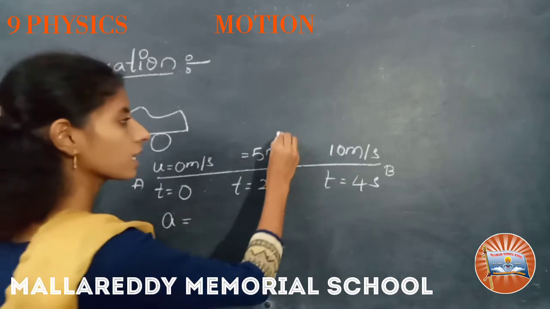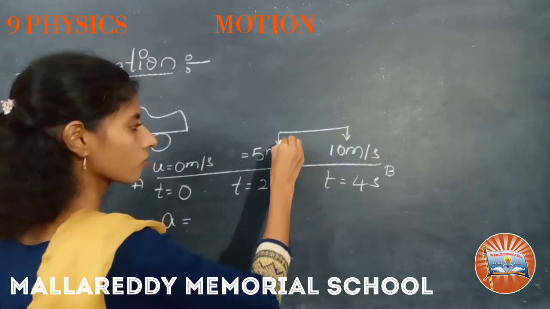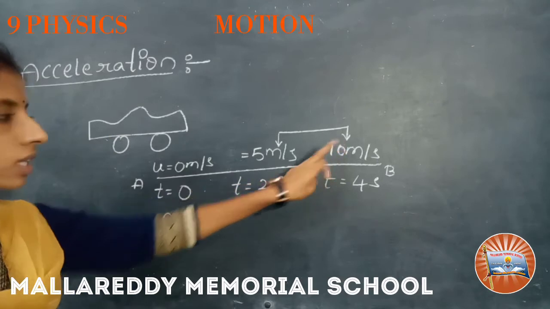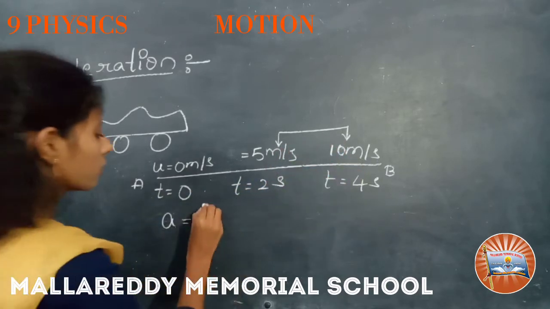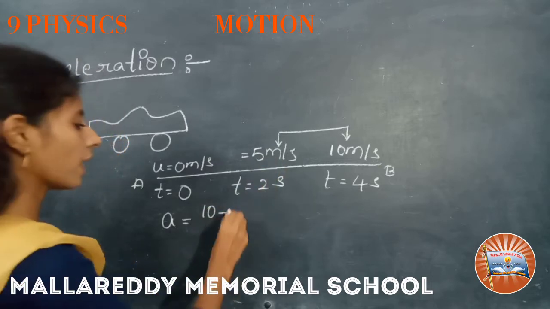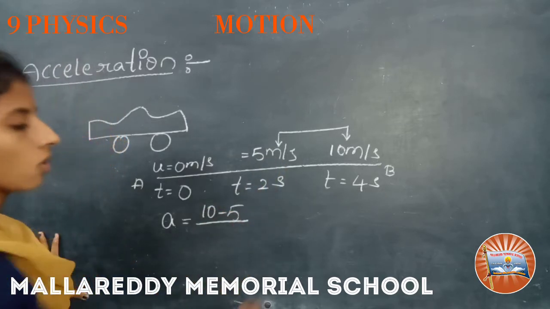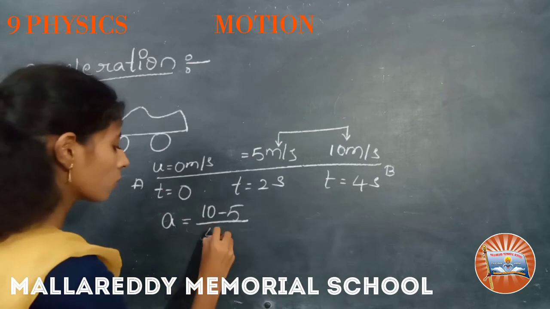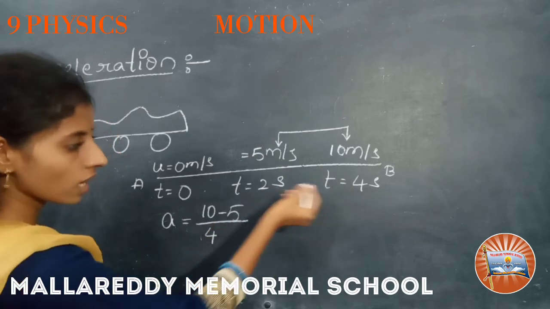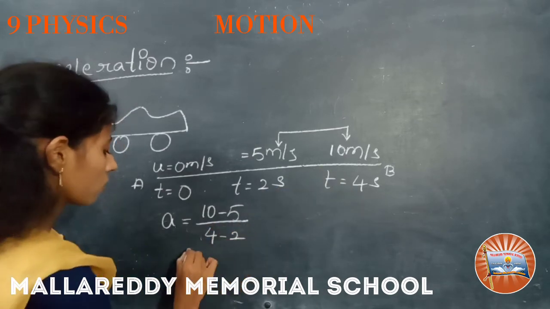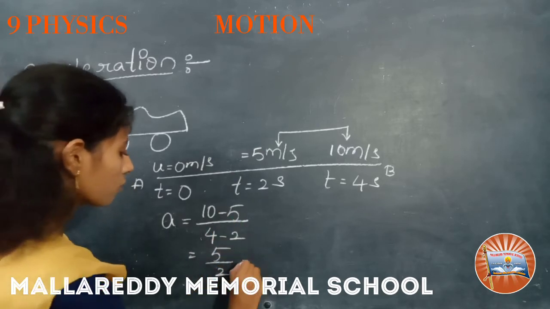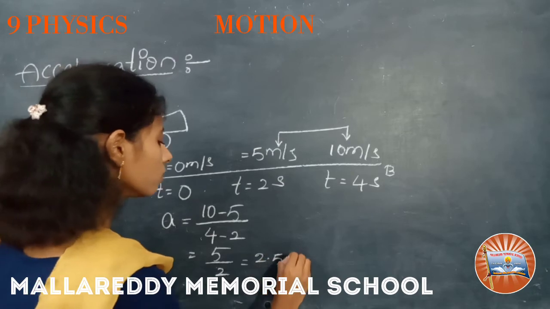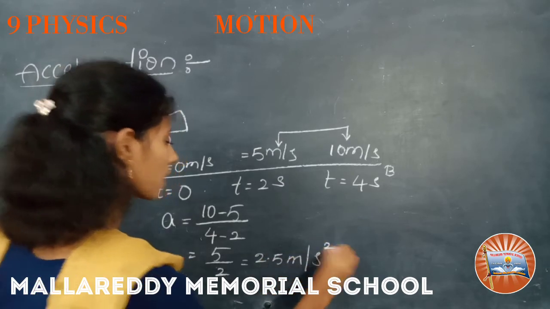Between these 2 points, this is the final one and this is the initial. So 10 minus 5 by, what is the final time? 4, and before this it is 2. So we get 5 by 2, that means 2.5 meter per second square.